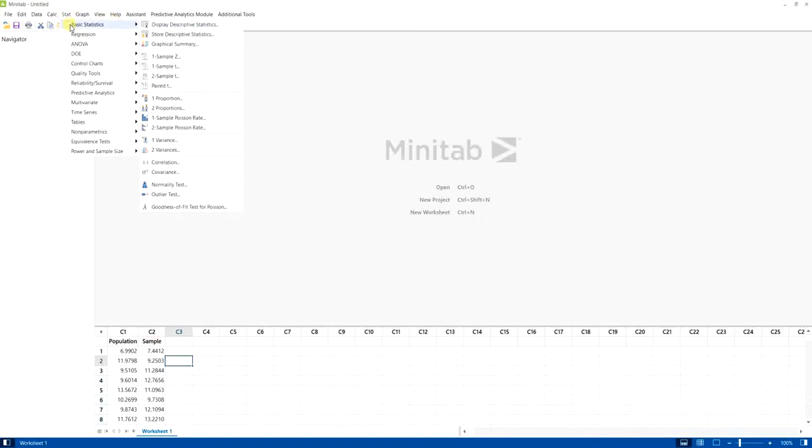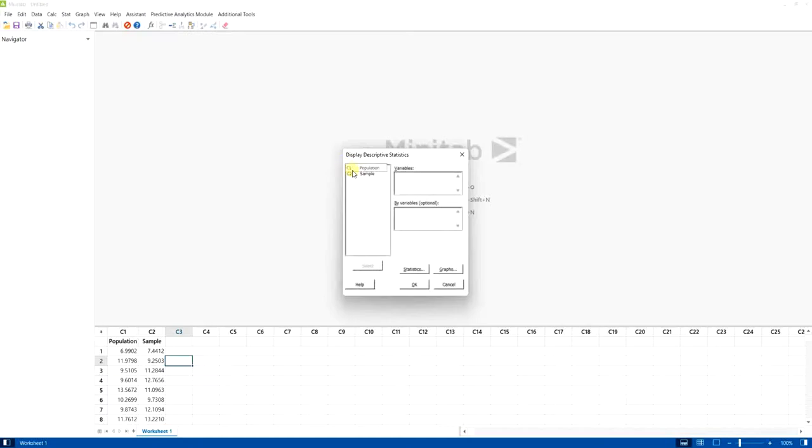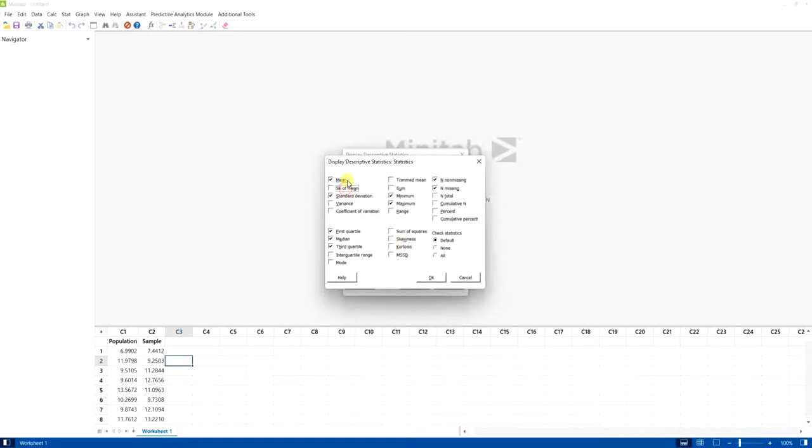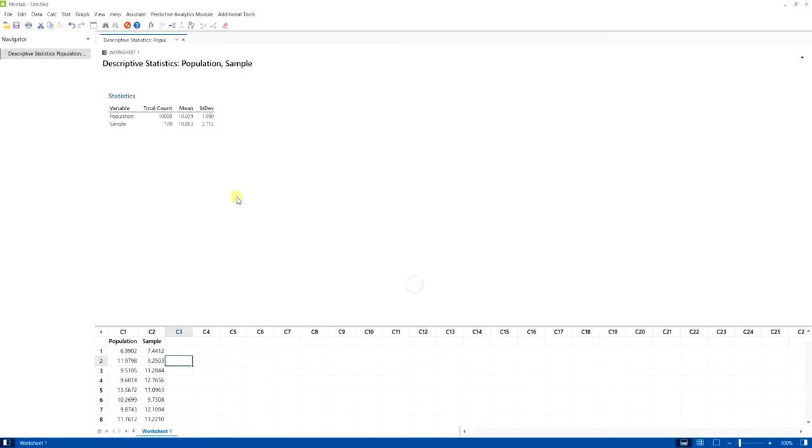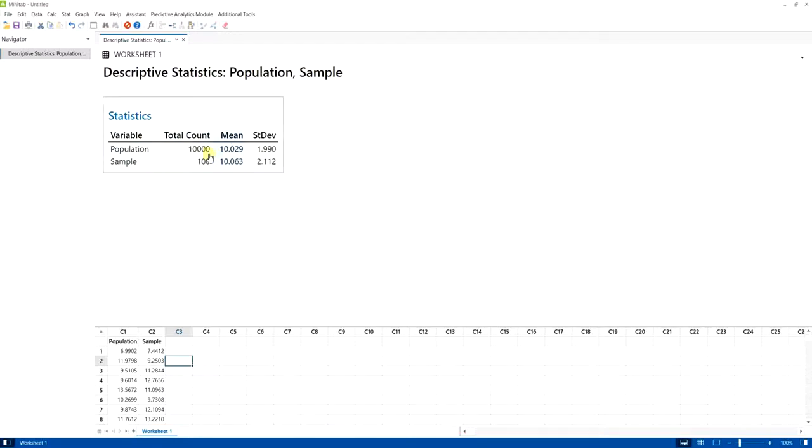And if we go to basic statistics and display descriptive, let's take both of them, and we will not see everything, only mean, standard deviation, and n total, right? So that's it. And graph not at this point, see that later maybe. I'll tell you where I want to do that later. So this is what it looks like, right? We have a population data which is 10,000, and then we have a mean which is 10.